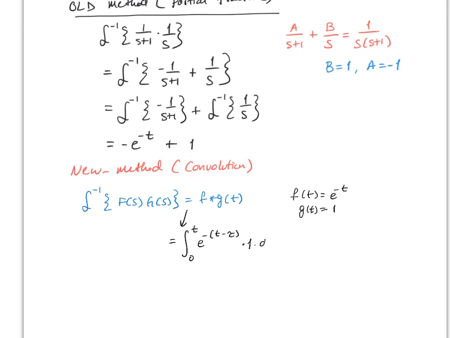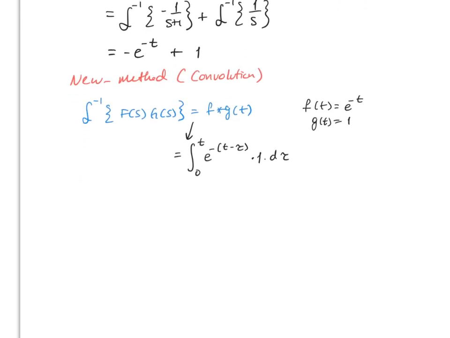times 1 d tau. Again, you can take out the e to the minus t, so this is just e to the minus t times the integral from 0 to t of e to the tau d tau.